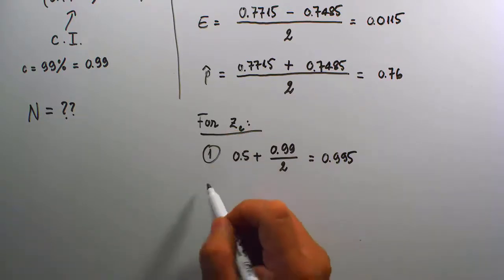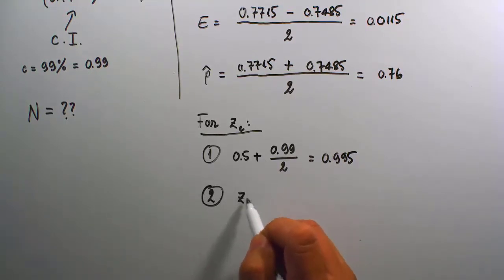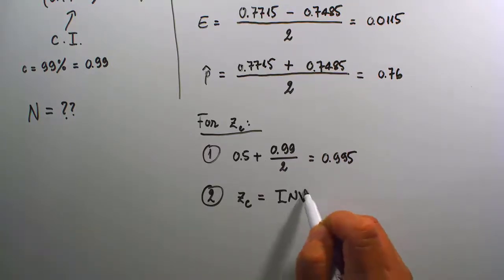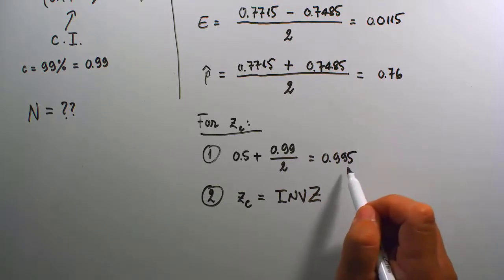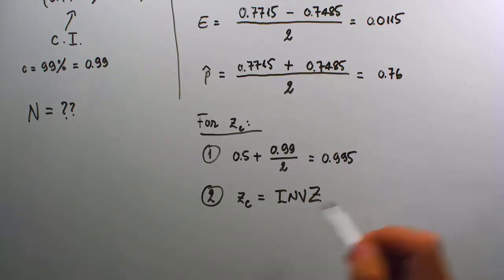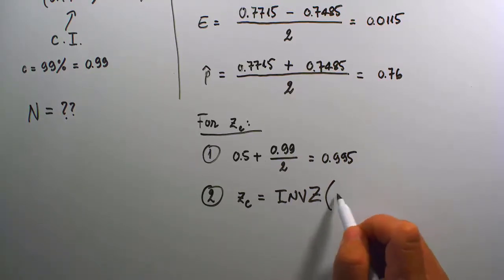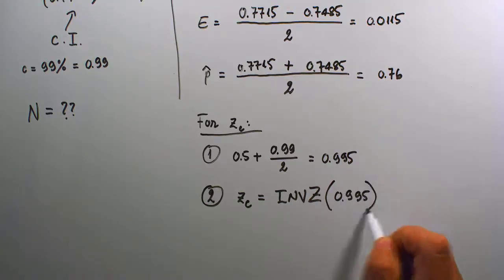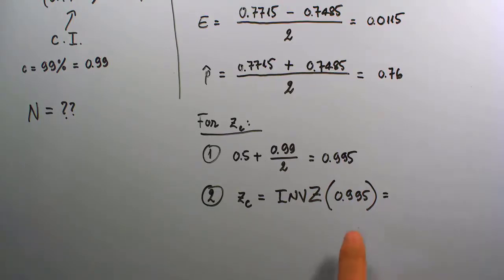And now the next step, step number 2, we find that z sub c by simply running the INVZ program or any equivalent program that inverts an area shaded to the left of a z-score to find out which z-score that is. When using technology, it will be asking for area left, and we are going to provide 0.995. Let's see what z-score we get by inverting this area.